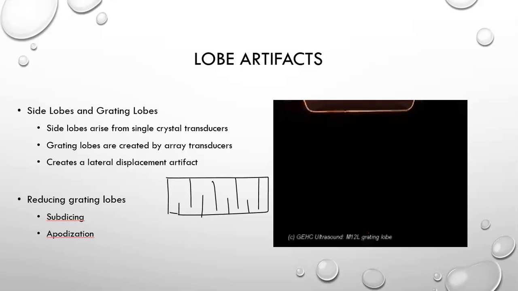So subdicing reduces grating lobe artifacts, and then another technique which reduces grating lobe artifacts is apodization. And apodization is where we utilize different voltages depending on which crystal we're hitting, and so each little subcrystal gets hit with a different voltage, and that's apodization, and that causes a reduction in side lobe, grating lobe artifacts.